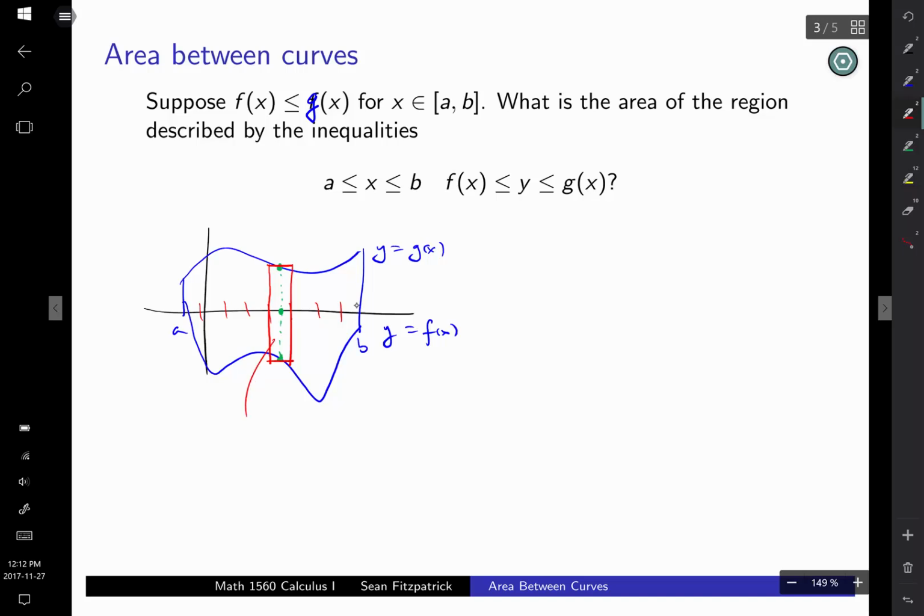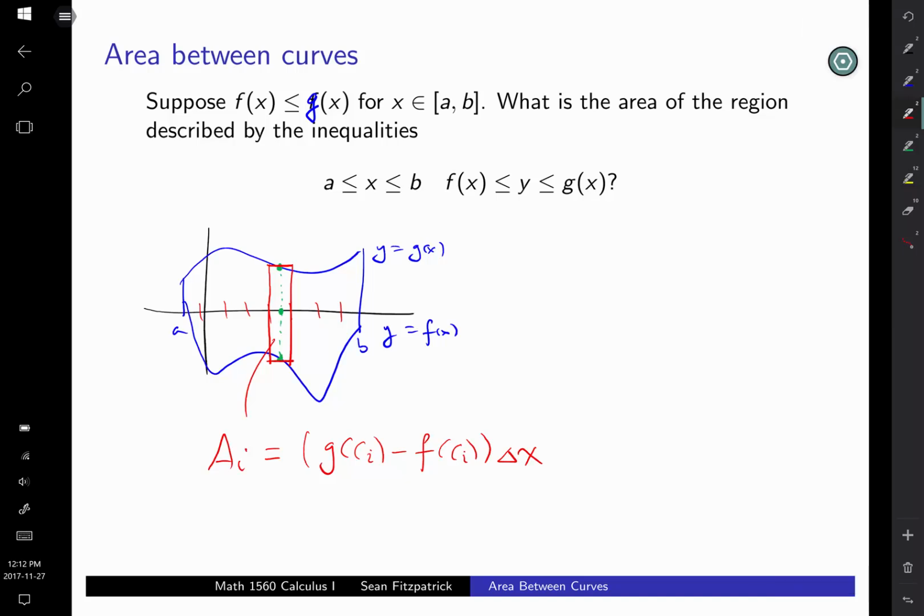So what is the height of the rectangle? Well, it's the distance from the top to the bottom. It's given by g of ci minus f of ci, and then I multiply by delta x.